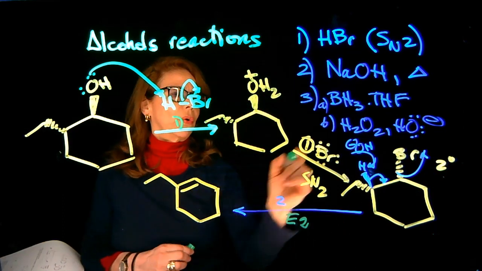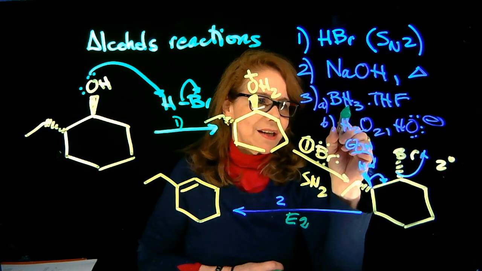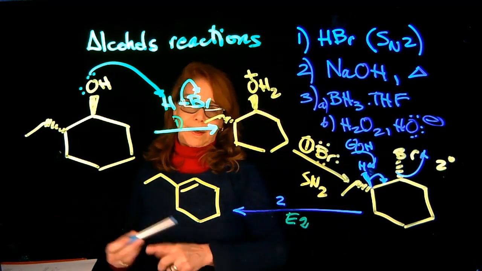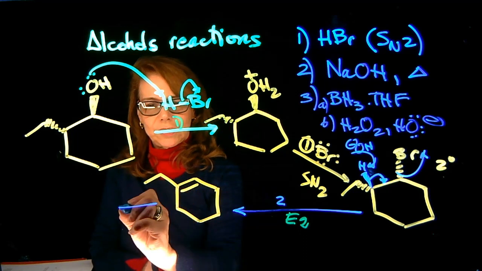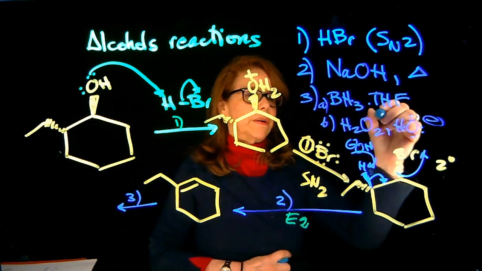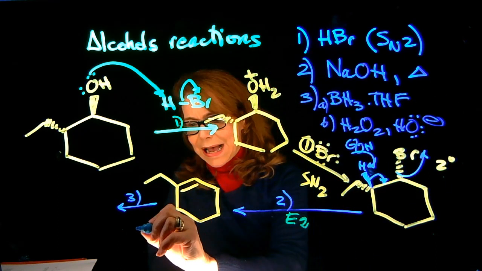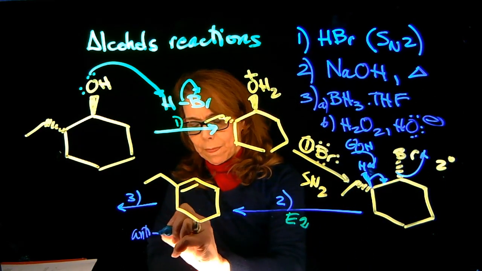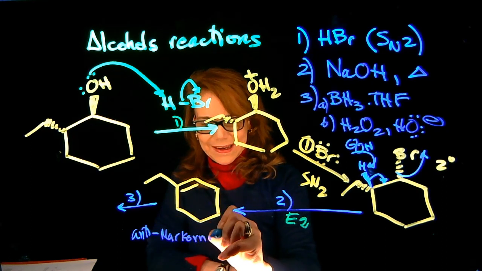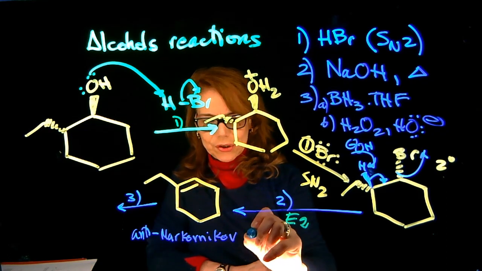Now we're going to see the other condition. This is hydroboration-oxidation. What this is doing is an anti-Markovnikov hydration. So let's do number 3. Number 3 here, again, as we said, is anti-Markovnikov hydration.